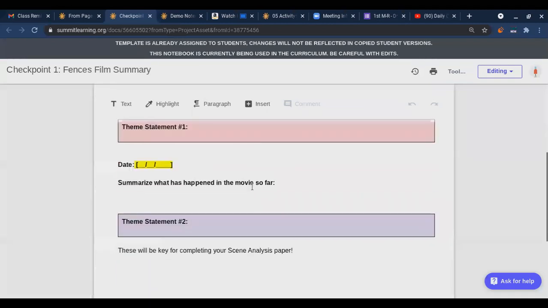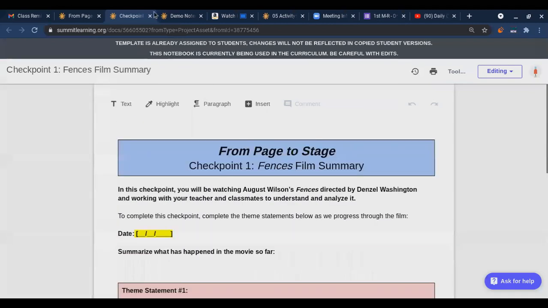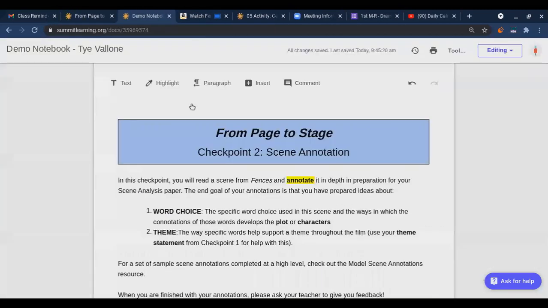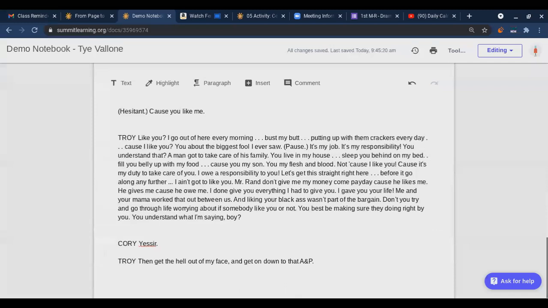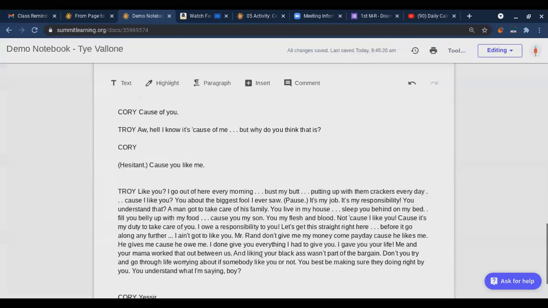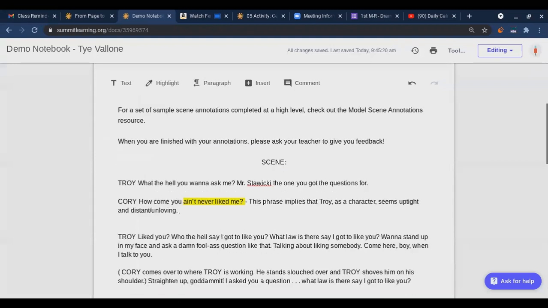And look at what are some of the theme statements I put in here. Now I want to find some stuff in this scene that helps support those theme statements, right? And a lot of that might be in this big part right here, just to give you guys a hint, okay?